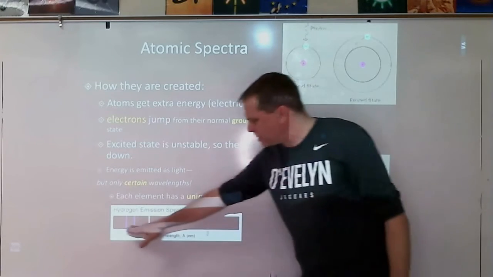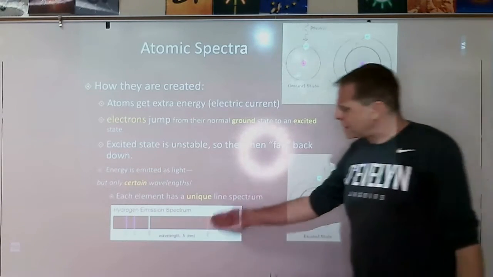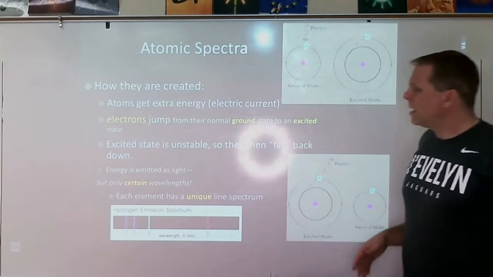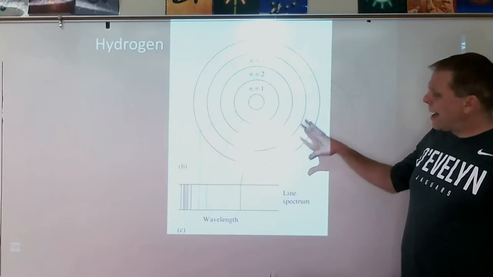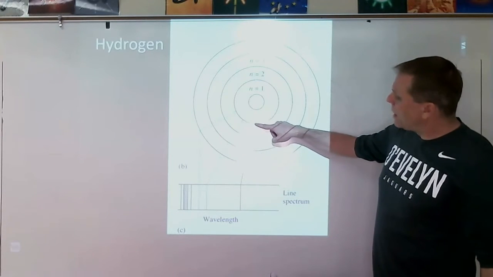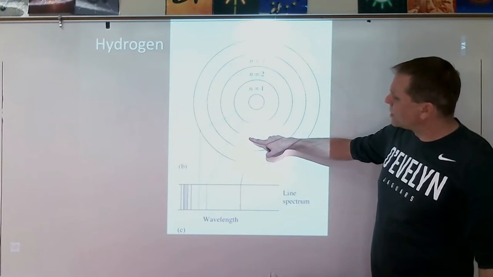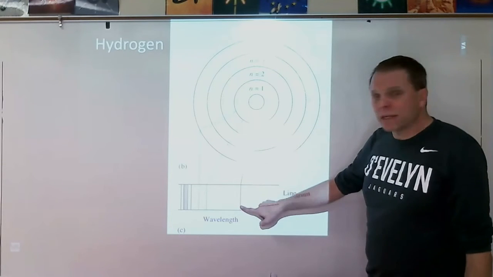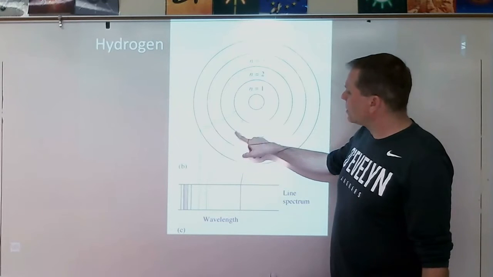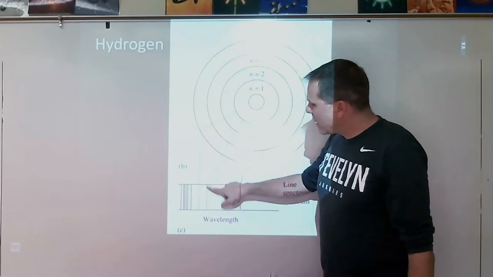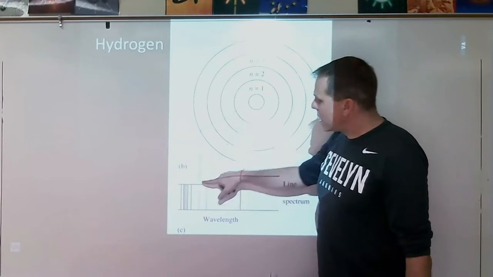Okay, so here's hydrogen's spectrum. Again, that's the line spectrum. You see 4 lines there. Well, let's look at what is happening. If I have an electron that goes from this first energy level down here, it gives off this color of light. If I go from the second to the first, it gives off green. If I go from the third to the first, it gives off blue.